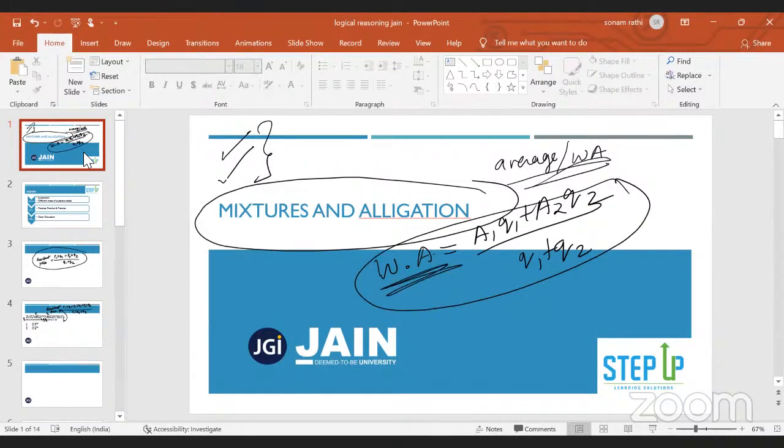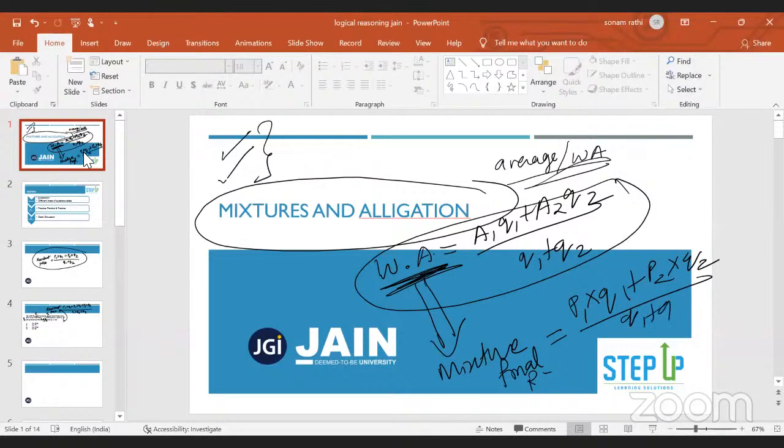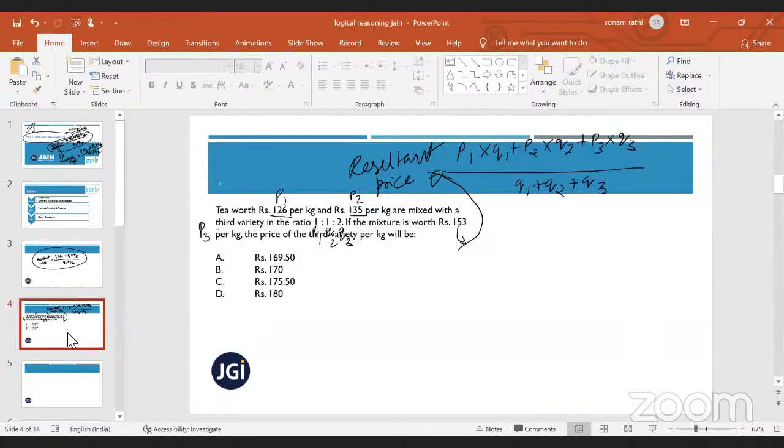Same thing, instead of average, you are now looking for a mixture. So a mixture has a final price, right? Final price or resultant price. This is P1 into Q1 plus P2 into Q2 divided by Q1 plus Q2. That's it, nothing else. Same thing, you are mixing two different types of things.